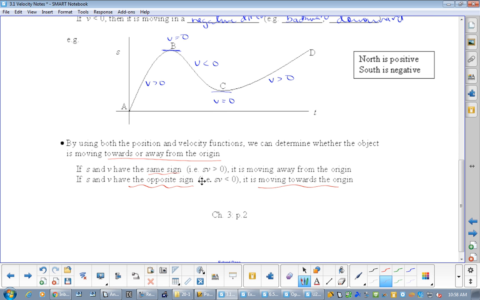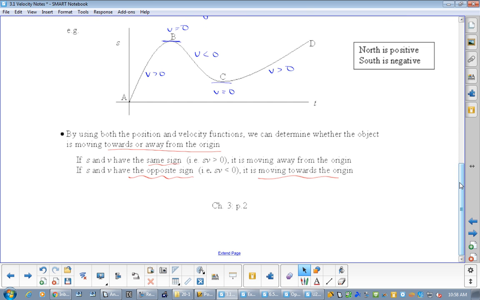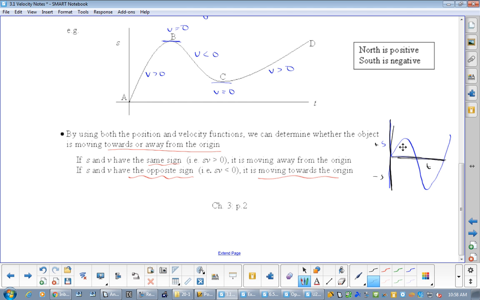Right? So, do you see at this point here, we have positive S, because this is S, right? This is my graph in black, the X and Y, and this is T. So this is a positive S, this is negative S down here, right?